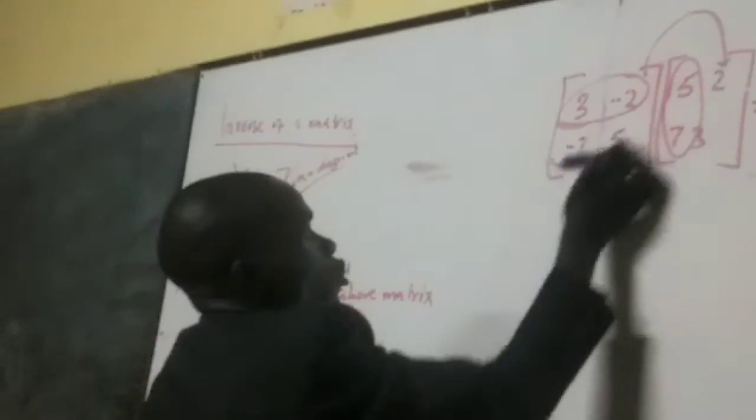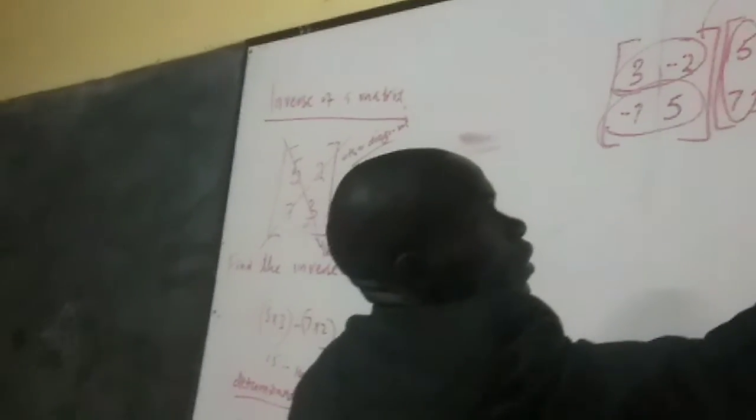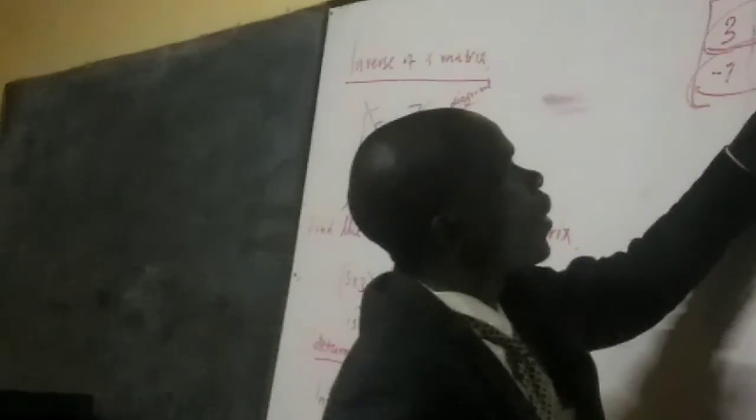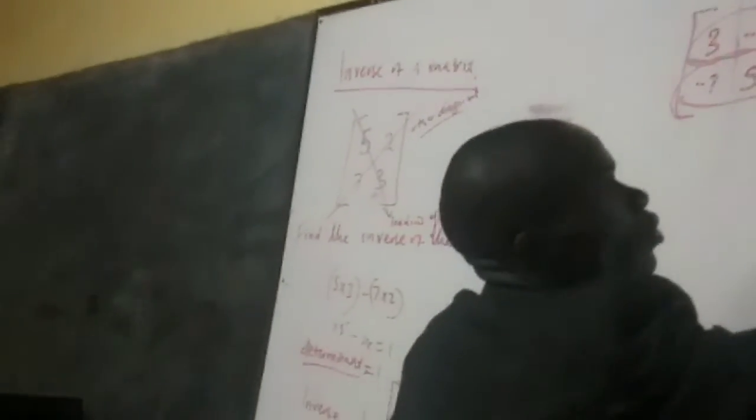And then we come to this one, we now multiply -7 times 5 plus 5 times 7, and when we multiply by the other column, then we have -7 times 2 plus 5 times 3.